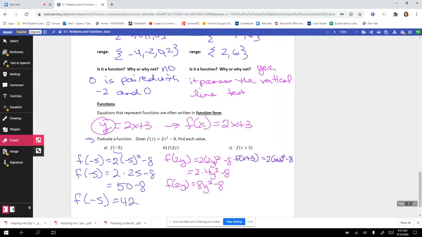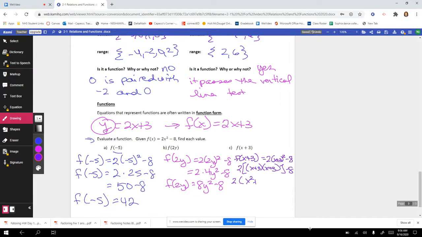Okay, our last problem for today, we have f of x plus 3. So I have substituted that in. I have 2 times the quantity x plus 3 squared, minus 8. So I'm going to take 2, and then in brackets I have x plus 3 times x plus 3, close my bracket, minus 8. For x plus 3 times x plus 3, I'm going to use FOIL.